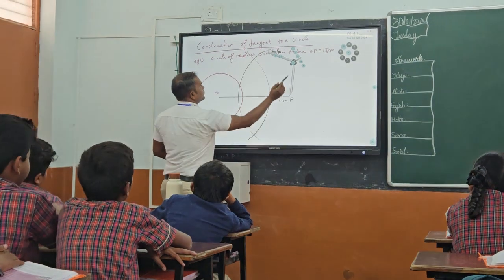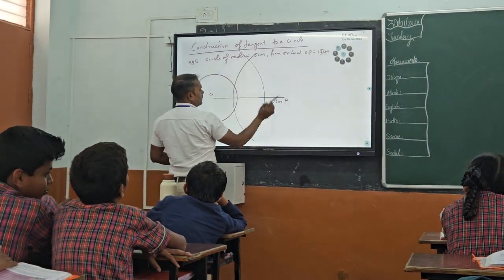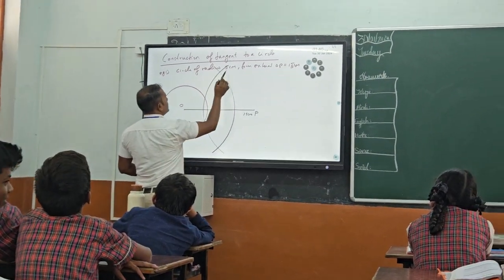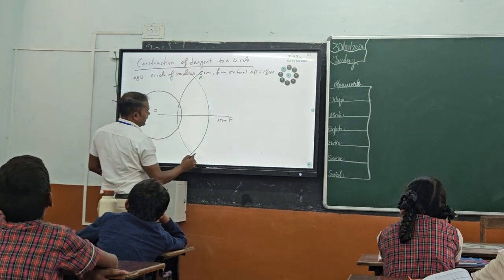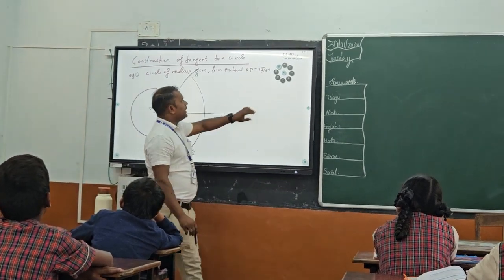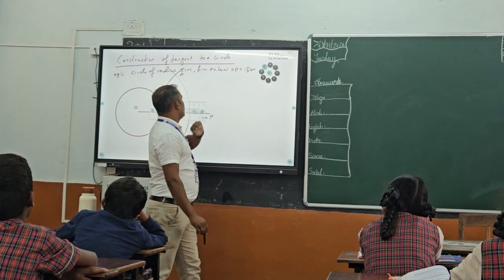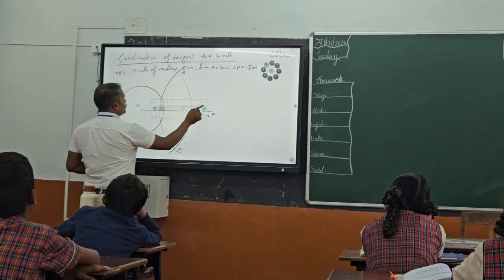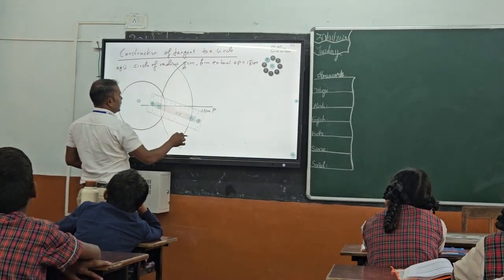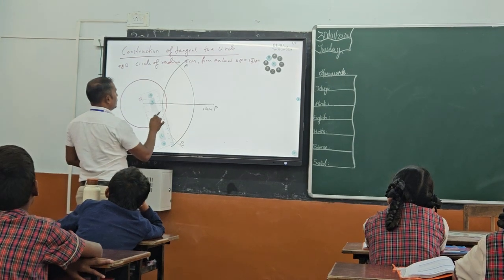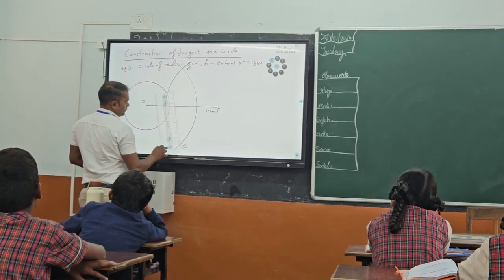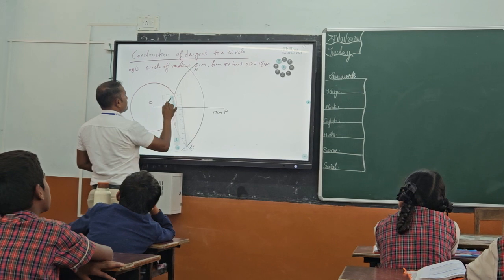They are meeting at which point? Suppose these points are A and B. Next, join AB with the help of the ruler.